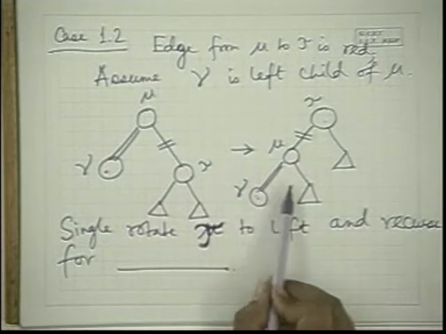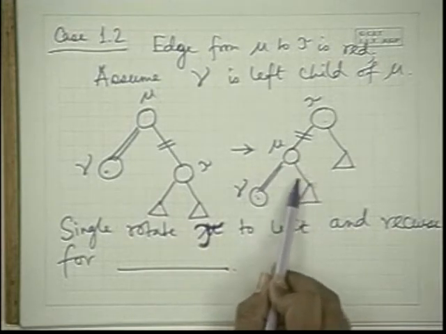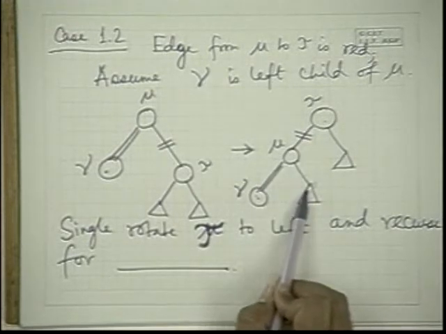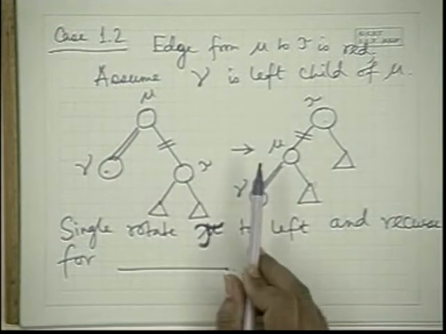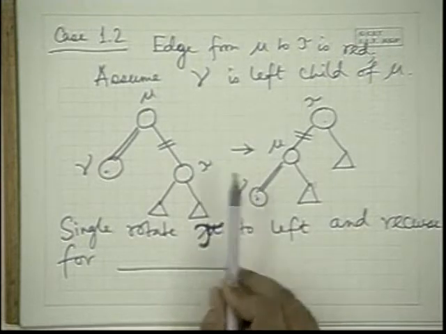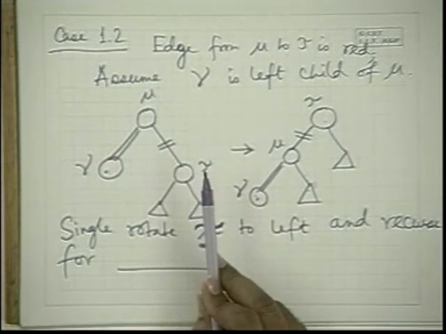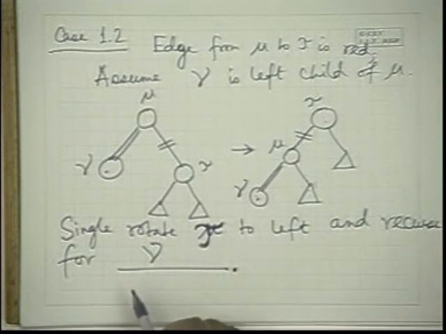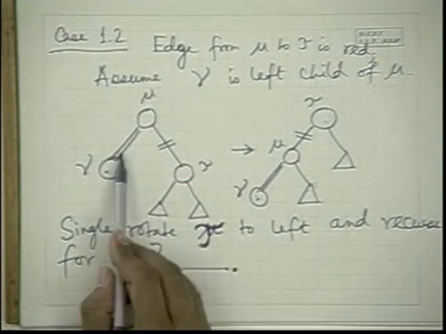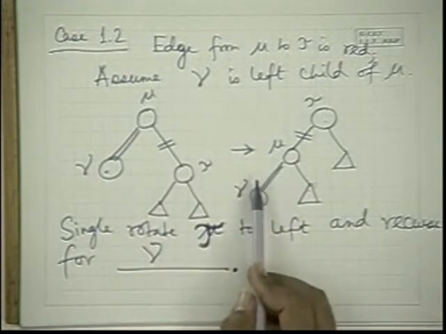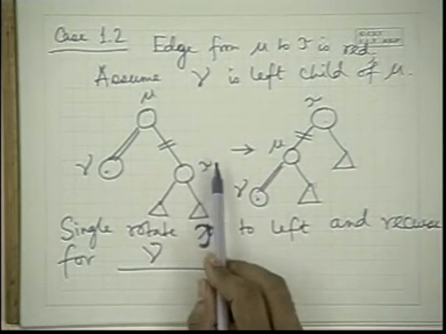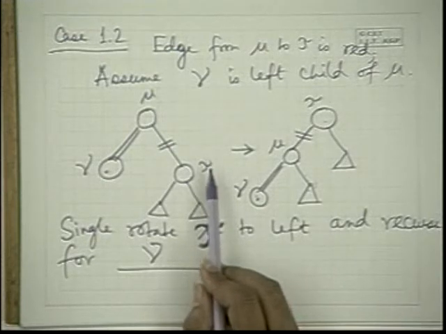In case 1.1 we can assume, so this will be our tau now. The incoming edge to tau is black, now it is black. So we can go back to case 1.1. So if we recurse on nu, it will now take case 1.1. Okay, so recurse for. So here we could not take care of the double black, but by rotation we went back to the other case where we have detailed everything, how to take care of all the double black edges.